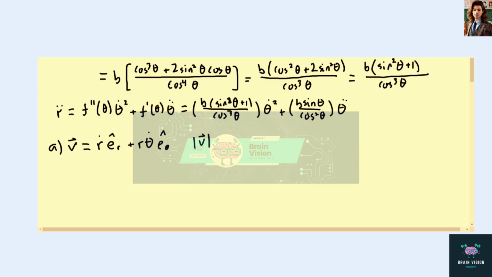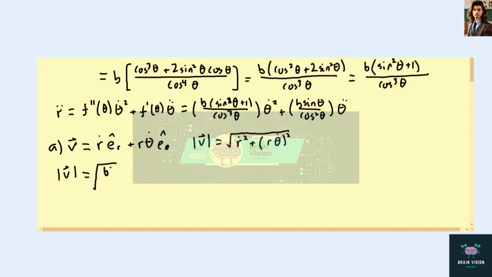And then we want the magnitude. So that's just the square root of the components squared. So it'll be an r dot squared plus that r theta dot squared. All right, so we're going to get for our magnitude of velocity a square root term, and let's see, our first term is going to be that r dot squared.